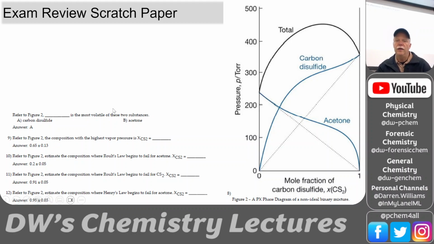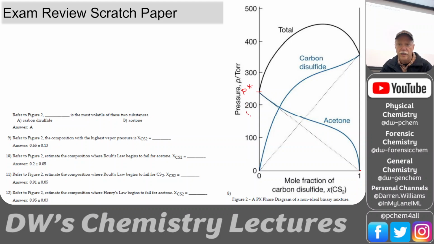So in this diagram, the dashed lines are which law? Everybody agree on Raoult's? Okay, Raoult's law, yes. And so they go straight from 0 on either side to the vapor pressure. Typically these are labeled P star.